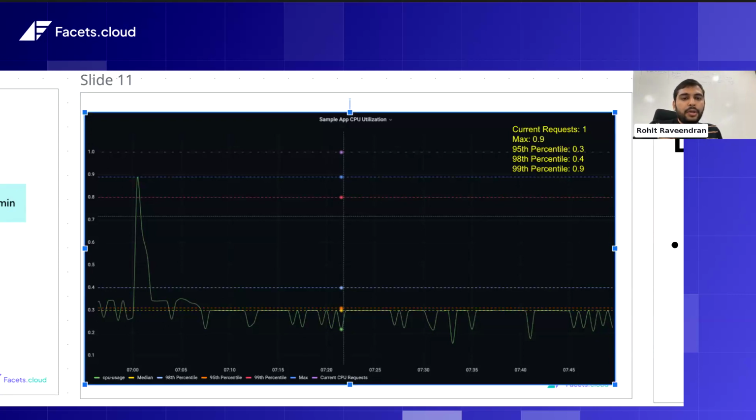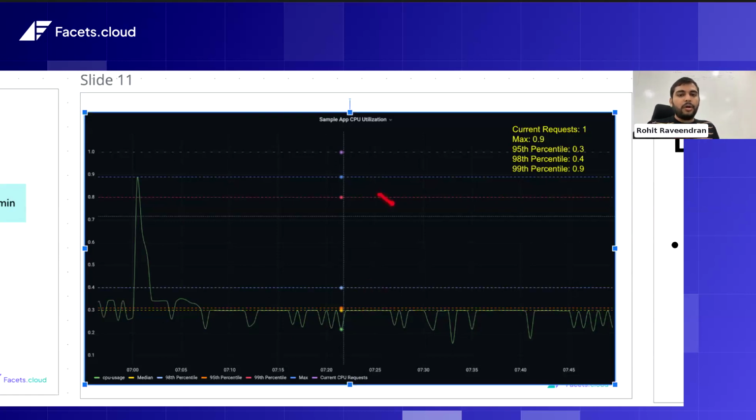What I've done here is I have recorded multiple of these percentile numbers. I have the 99th percentile, 98th percentile, and the 95th percentile. Let me just mark it out for you. The 95th percentile is the orange line here. The 98th one is the blue line here, and the 99th is the red one here, right?